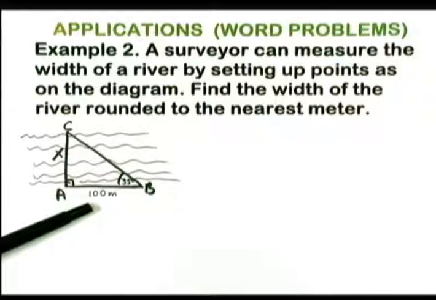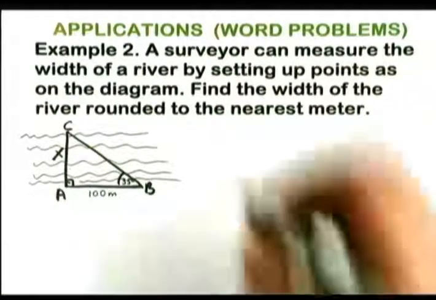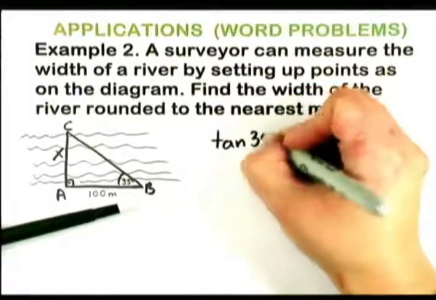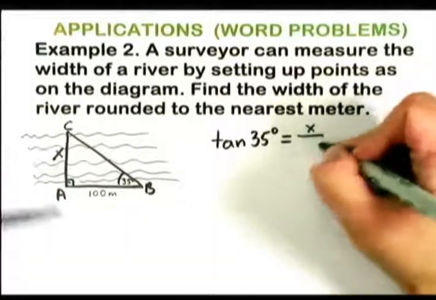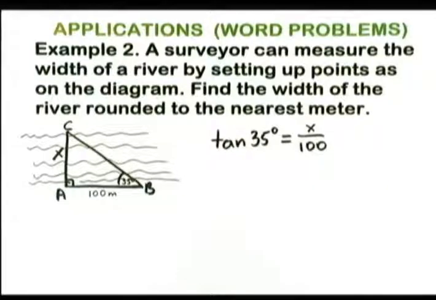What trigonometric function can we use that uses opposite and adjacent sides? This trigonometric function is tangent. So tangent of my angle 35 degrees is opposite, which is X, over adjacent, which is 100. Now we can solve it.